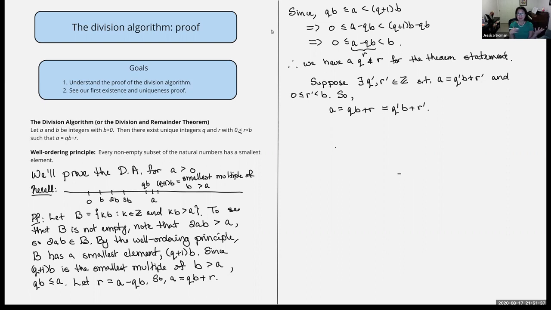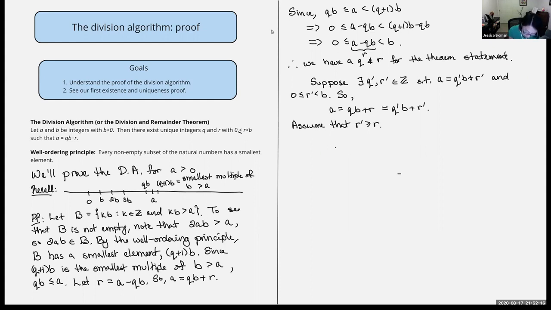So, well, R and R prime are both numbers, and one of them has to be bigger than or equal to the other without loss of generality. So we can say that we assume without loss of generality that R prime is bigger than or equal to R. And that'll just help me to figure out which side to subtract and make it all look a little neater. Okay, so assume that R prime is greater than or equal to R.